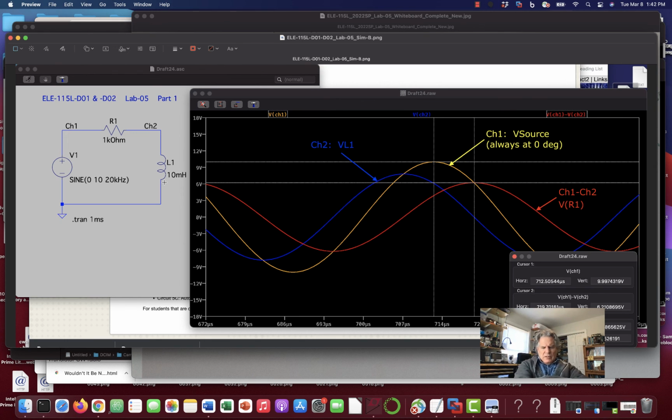So this whole idea of the current and voltage being 90 degrees out of phase in a perfect inductor or capacitor goes to this idea of power factor and that type of thing.